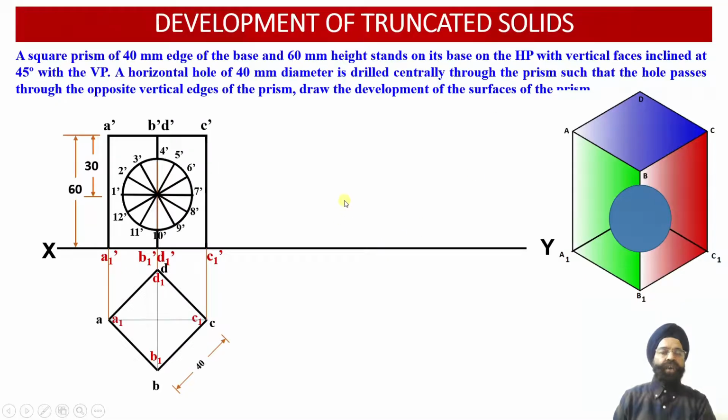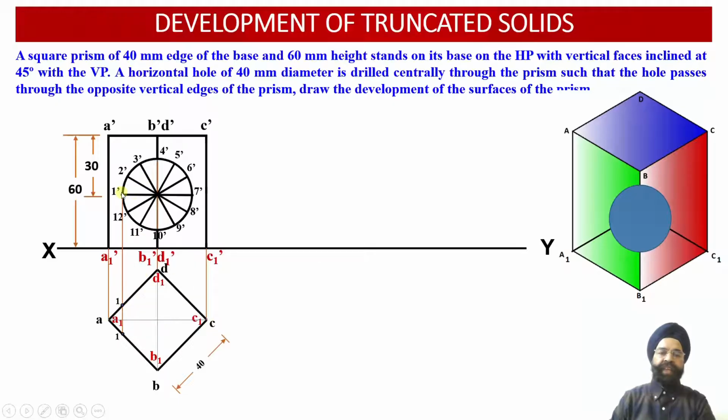Now we see that in this particular case, the 12 points corresponding to the circular hole we have obtained in the front view projections. Now whenever we are going to drill a hole, this hole should be passing through all the 4 inclined faces of the square prism. So let us now evaluate the corresponding points of this hole which we are going to obtain in the top view projections onto these inclined surfaces of the square prism.